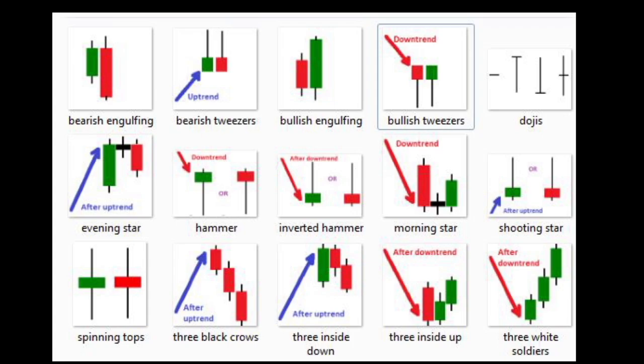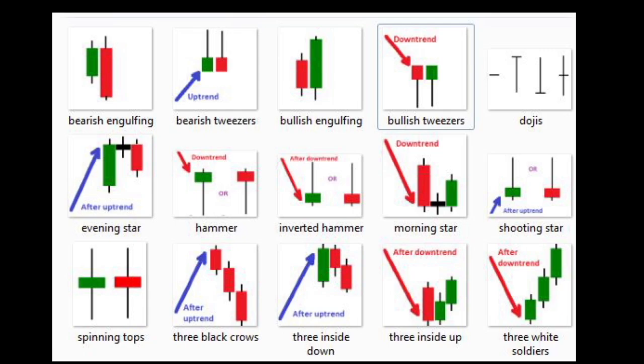Let's go with the 3 white soldiers. The 3 white soldiers over here in the right bottom corner are going to show up after a downtrend has happened. So if the price has been going down and the selling pressure has consistently kept up, what these 3 white soldiers, even though they're not white, show is that a new trend has possibly started, an uptrend.